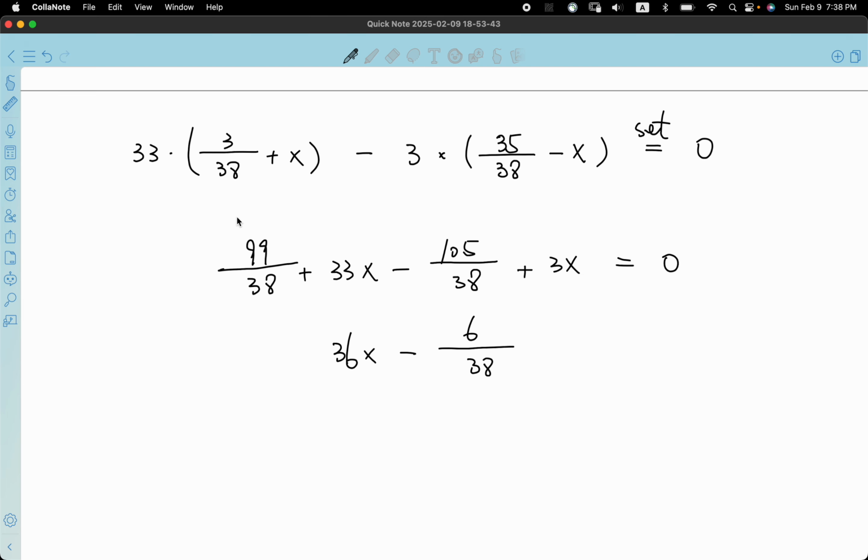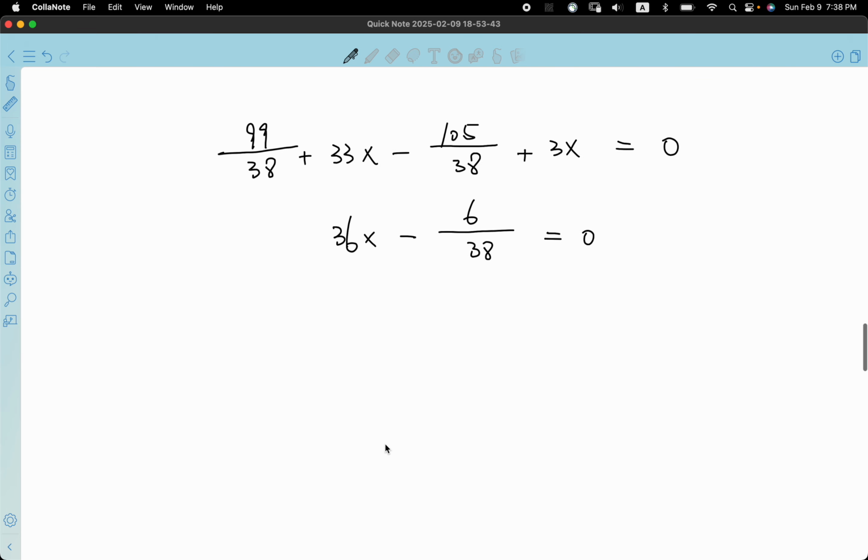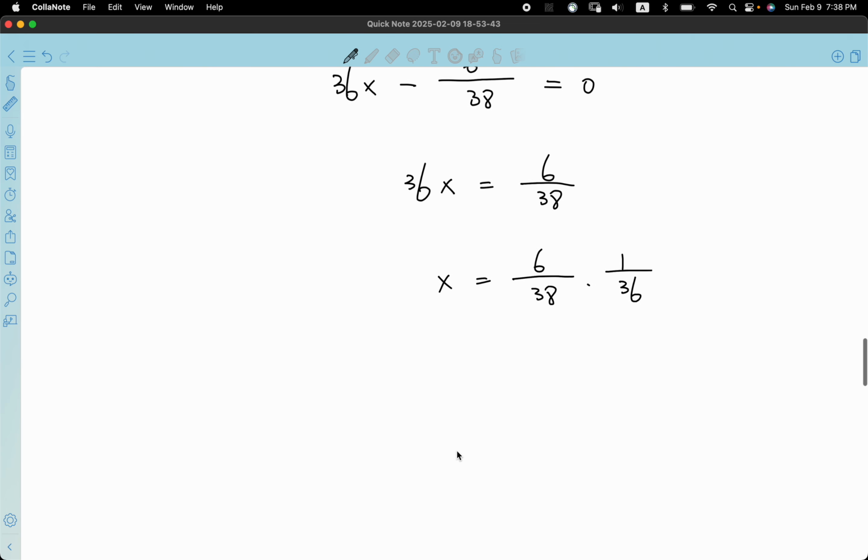So 99 minus 105. So let's change the order. When we move it to the other side, this becomes positive. So x is equal to 6 over 38 multiplied by 1 over 36.